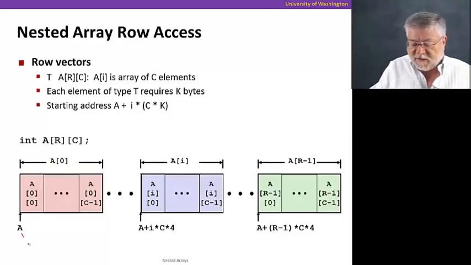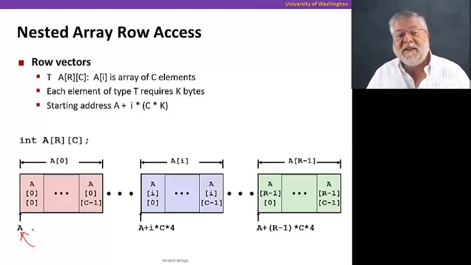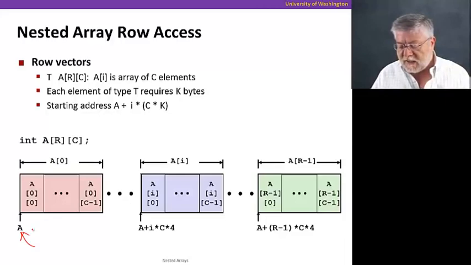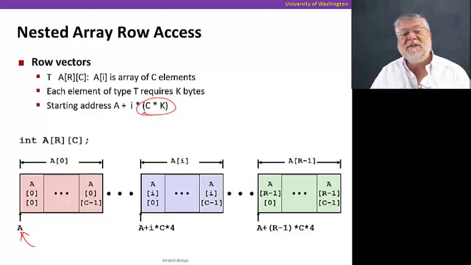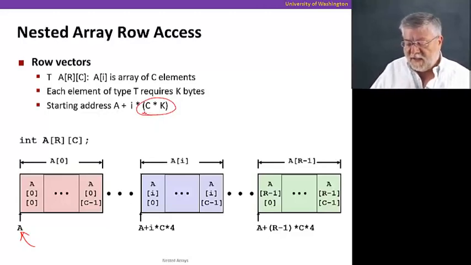The starting address of the array is represented by the name of the array, A in this case, and the very next row of the array is going to be how far down in memory? Well, it's got to represent all of the columns in that row and then the size of the data element. So every row is of this size, number of columns times the size of the element, and then of course the index is used as a multiplier on that.